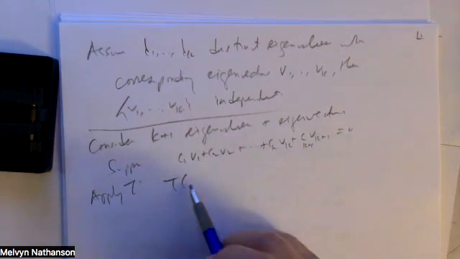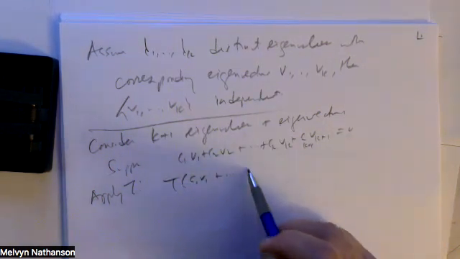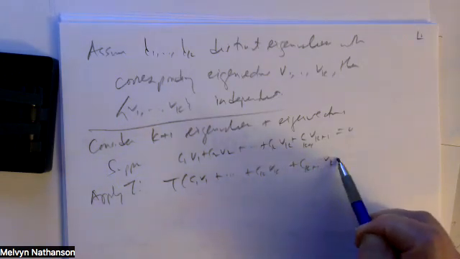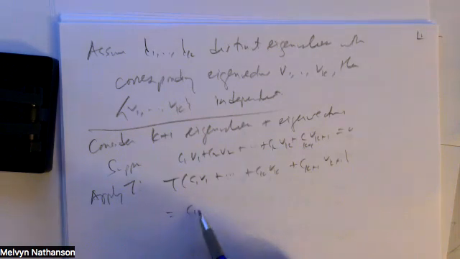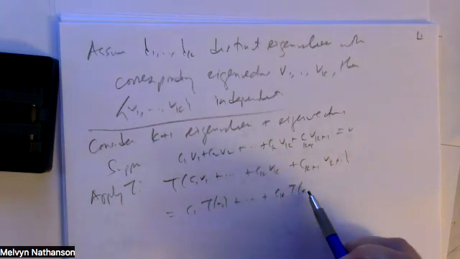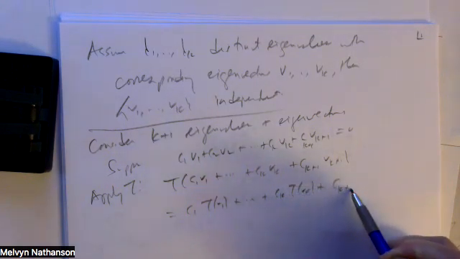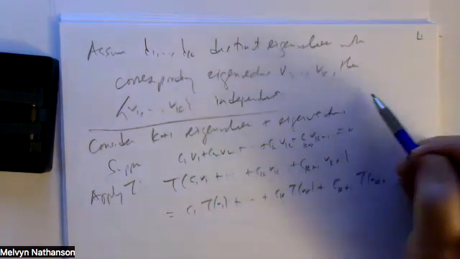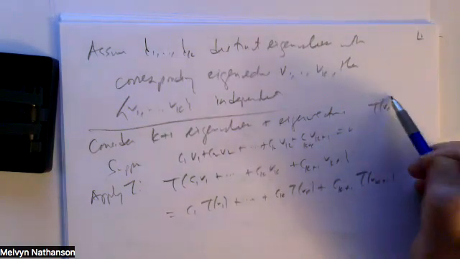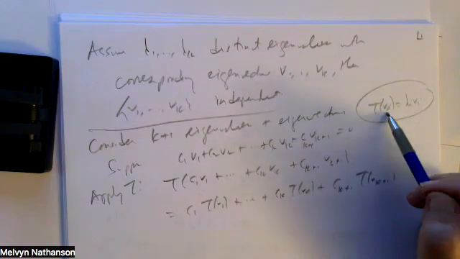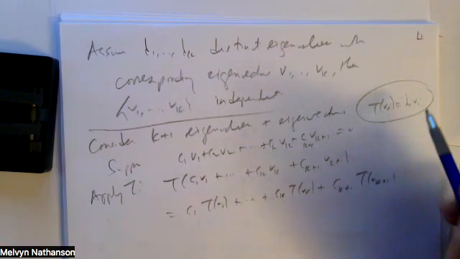But T of this is T of C1 V1 up to Ck Vk, Ck plus 1 Vk plus 1. That's C1 T of V1, just using the linearity of T, up to Ck T of Vk, Ck plus 1 T of Vk plus 1. But T of Vi is lambda i Vi for all i. That's because Vi is an eigenvector for the eigenvalue lambda i.